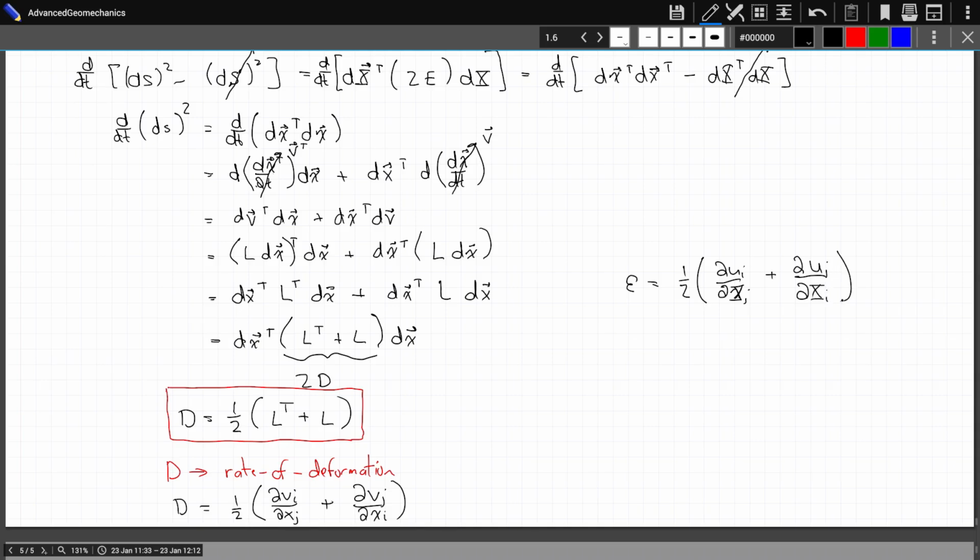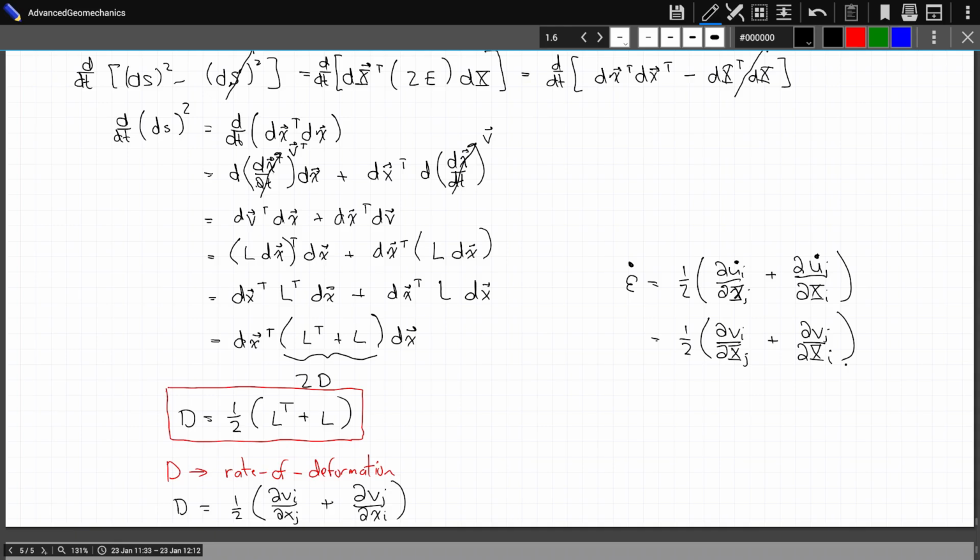Then we take the time derivative, putting a dot on the u's. The time derivative of u is v, so we get 1/2 partial vi partial xj plus partial vj partial xi.